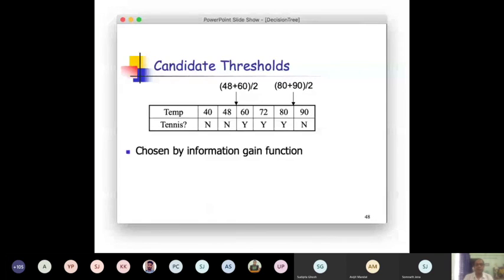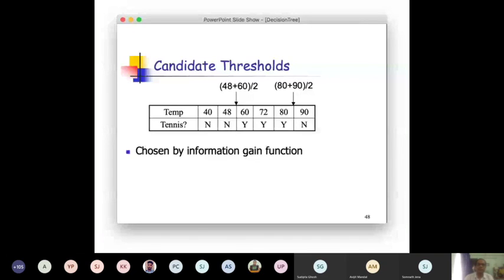One policy could be to choose it by the information gain function, which is the same strategy as before. If you are considering temperature as an attribute, the information gain should be the maximum over the candidate threshold conditions.